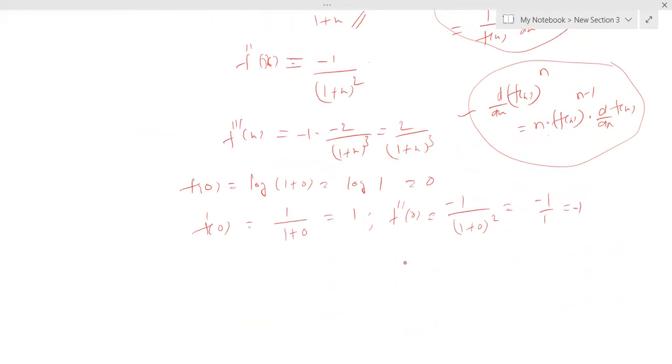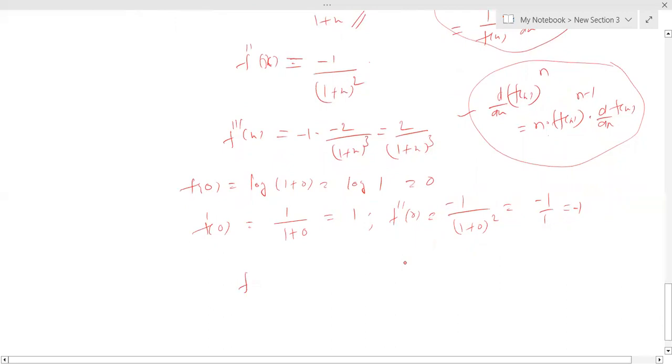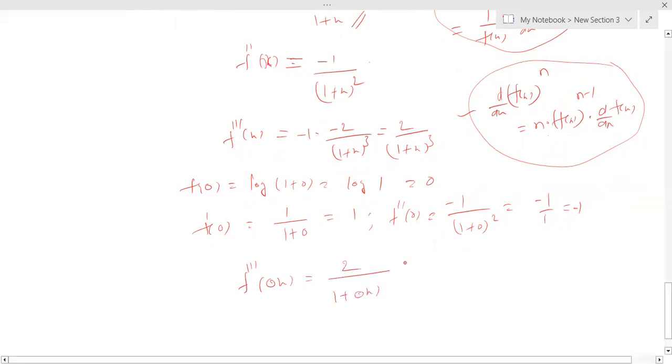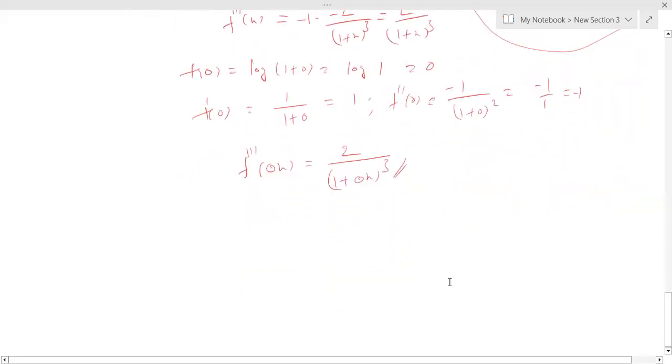Take the third term as a remainder term or error term. That means f triple dash of theta x equal to 2 by 1 plus theta x whole cube. Apply Maclaurin's theorem.